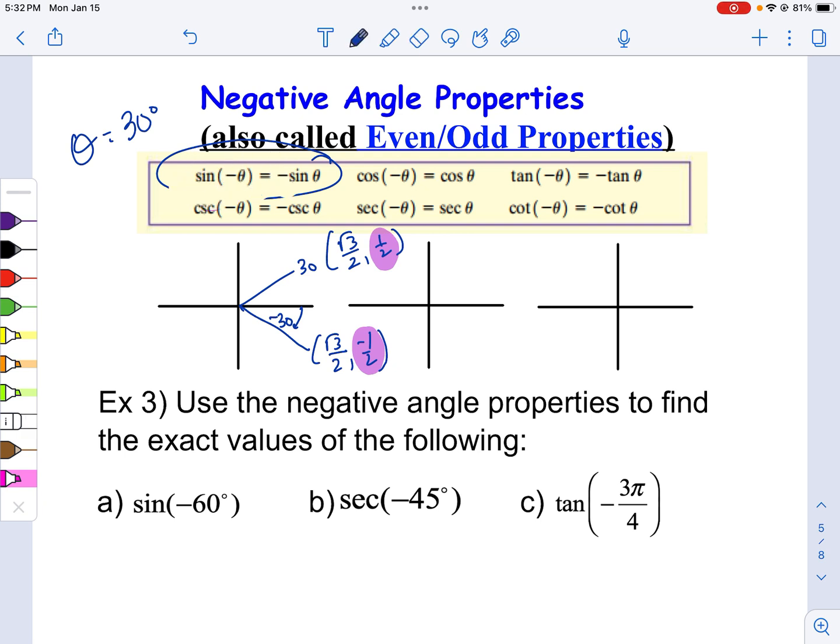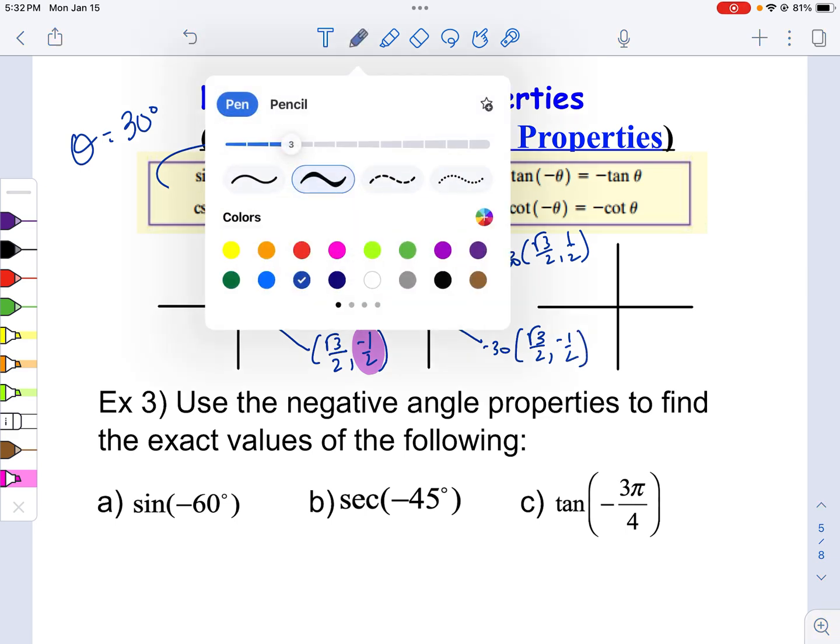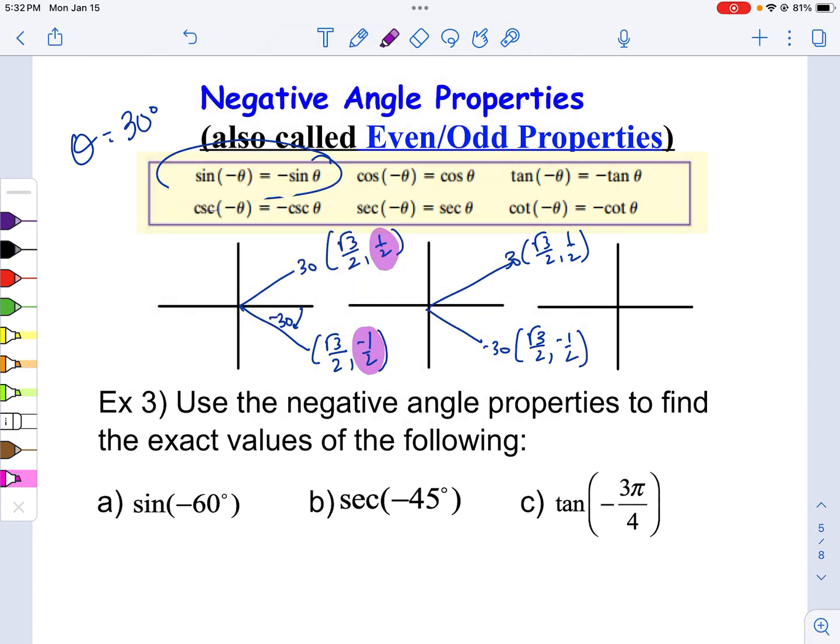Okay, now we can do the exact same thing for cosine. If I rotate to 30 degrees, that's root 3 over 2 comma 1/2. And if I rotate to negative 30 degrees, that's still root 3 over 2, and it's negative 1/2. So cosine we know is our x values. I notice that here it's root 3 over 2, and here it's root 3 over 2.